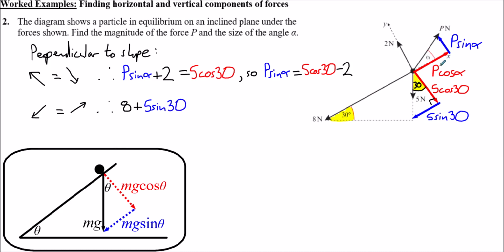So in this case, that's going to be equal to P cosine alpha, I mean to say. So I'll write this underneath this one. P cosine alpha equals 8 plus 5 sine 30.